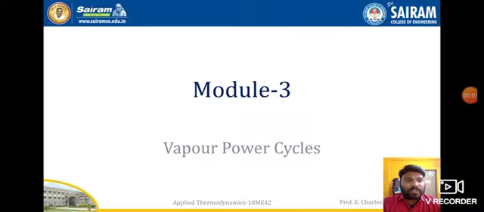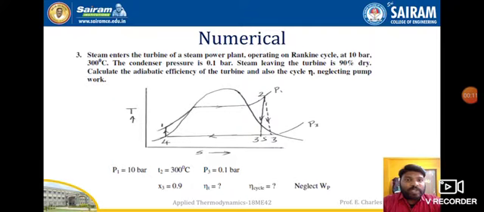So dear students, in this video I am going to solve one more numerical in module 3, which is nothing but vapor power cycles, right? So the numerical goes like this. A steam enters the turbine of a steam power plant operating on Rankine cycle at 10 bar, 300 degrees Celsius.